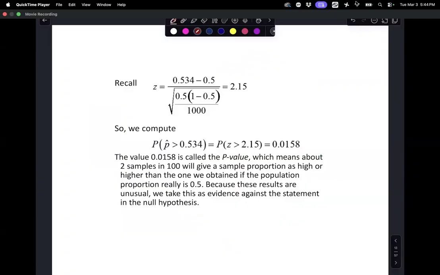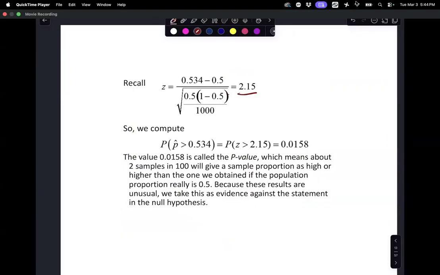So I take this z-score right here, which is 2.15. The probability of getting that z-score is this right here. That probability is smaller than the probability of being 2 standard deviations away. Because that is smaller, we reject the null hypothesis.